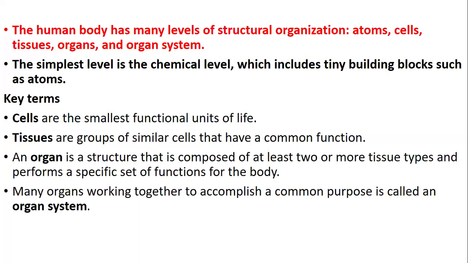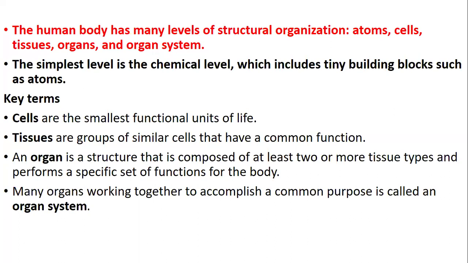In this lecture, the key terms that we are going to find include the cell. We are starting the discussion from the cellular level. The cell, by definition in this presentation, is the smallest functional unit of life.